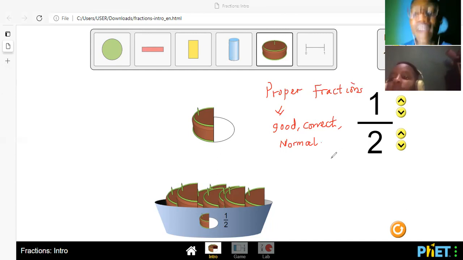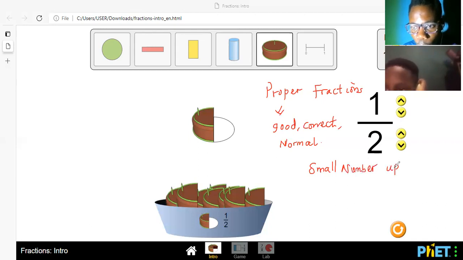So if you have 1 over 2, that is half. That one is correct. It is good. It is normal. So proper fraction means you should have small number up divided by big number down.